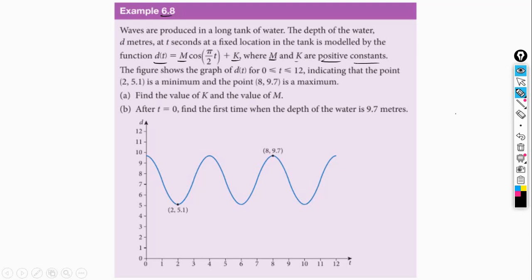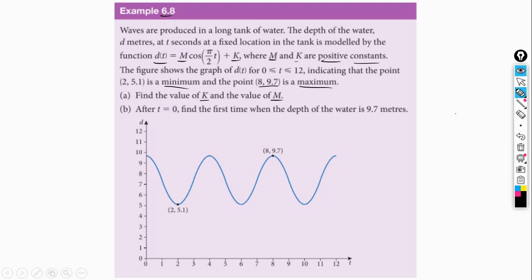The figure shows a graph of d of t for a time between 0 and 12, indicating that the point 2, 5.1 is a minimum and the point 8, 9.7 is a maximum. Part A, find the value of k and the value of m.